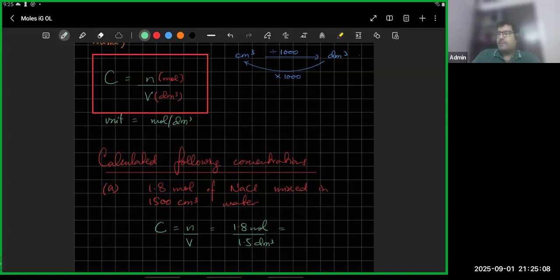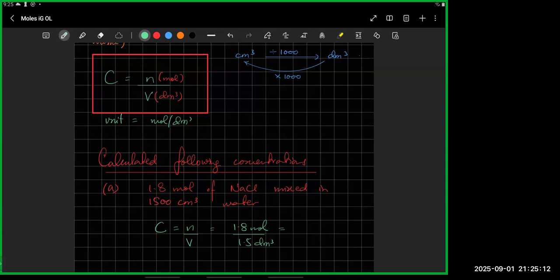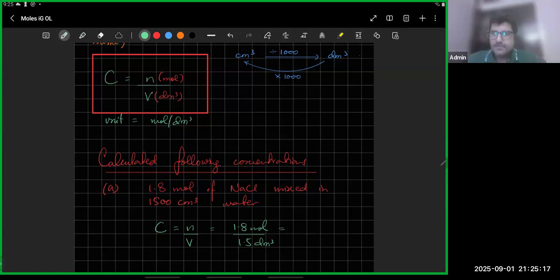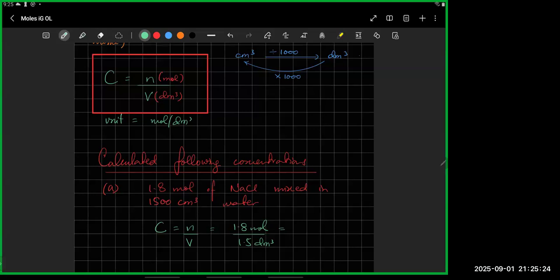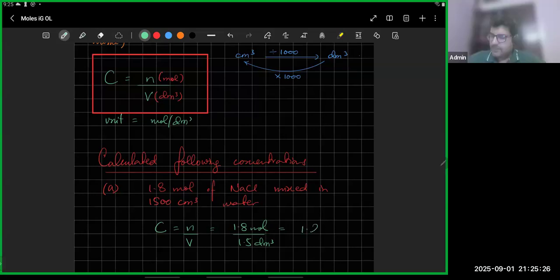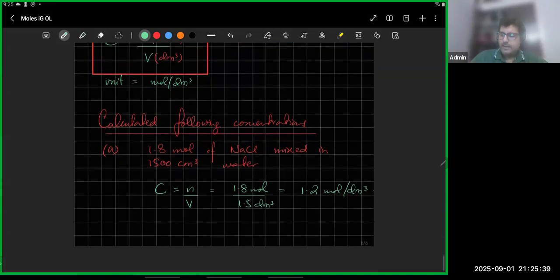What's 1.8 divided by 1.5? 1.2. So 1.2 mole per decimeter cube, right?